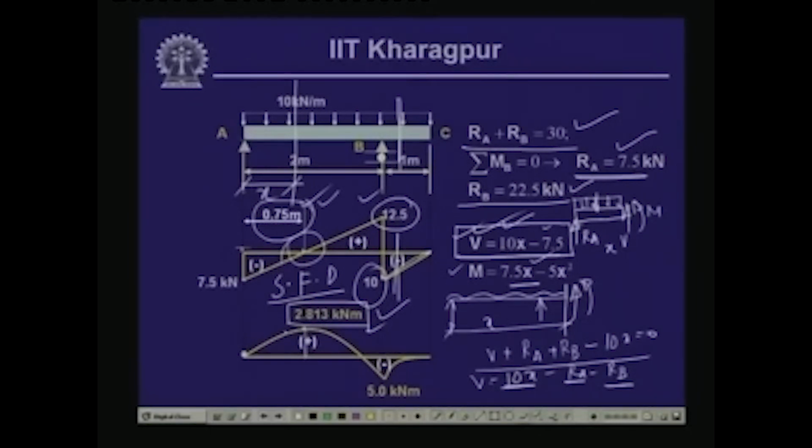When we compute the bending moment at x equals 2, this is 15 minus 2 squared, which is 4, times 5, which is 20, and this is 15. So this gives us a negative of 5 kilonewton meter. So at this point we get a bending moment of 5 kilonewton meter, which is negative. As you can see from these two values, this is the maximum negative moment and this is the maximum positive moment.